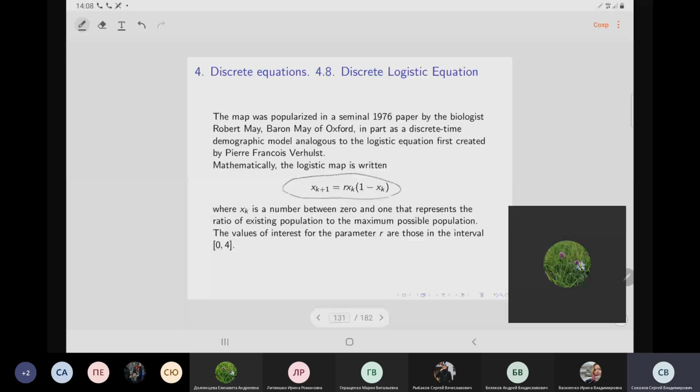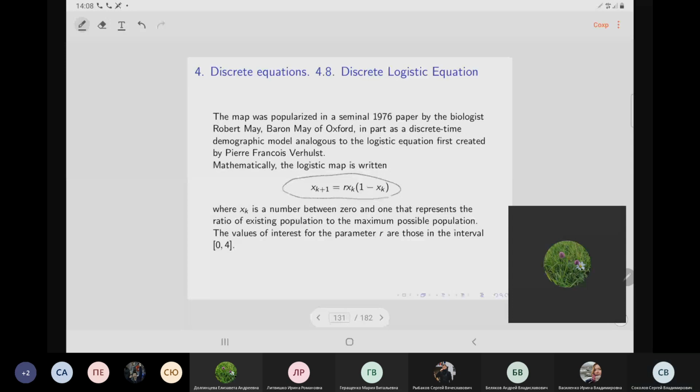It's not that good because sometimes the solutions can become negative. It can happen here, but the equation is very easy to analyze. We can do it mathematically, but not numerically. The equation with exponent is better from a biological point of view, but we can analyze it only numerically.